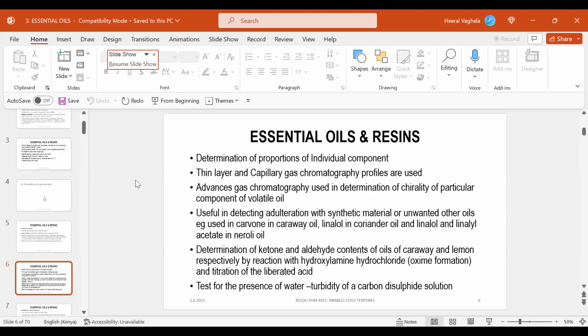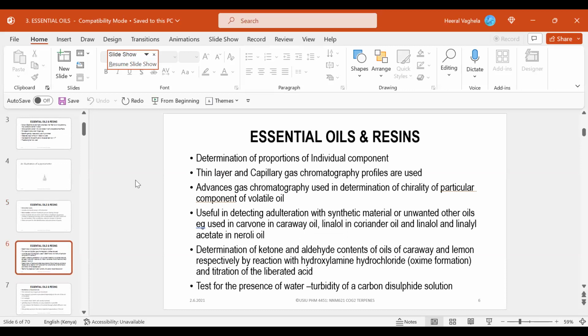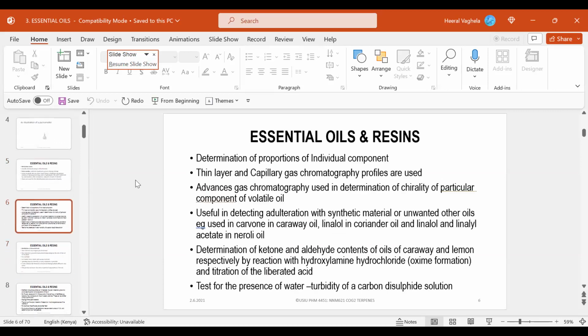One more thing about essential oils is that when you put it on a filter paper or any kind of paper, it will not leave any stain on it.